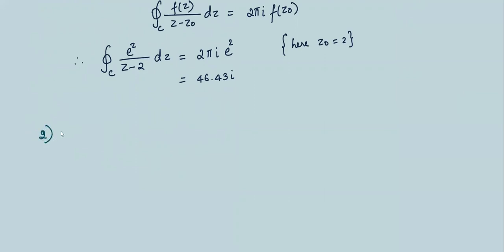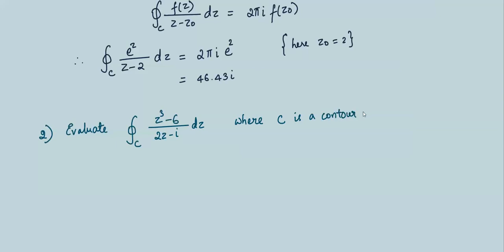Question 2. So evaluate the contour integral of z cube minus 6 upon 2z minus I dz, where C is a simple closed contour enclosing z naught equal to I upon 2.